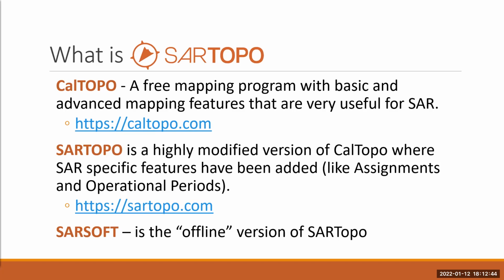So what they're doing is, until now, there's been 2 different servers, one running the CalTopo stuff and one running SARTopo. If you've ever hand typed one of the bookmarks into your map before, you may have pulled up a map and thought, that's not our search. Well, it was probably on the other server.